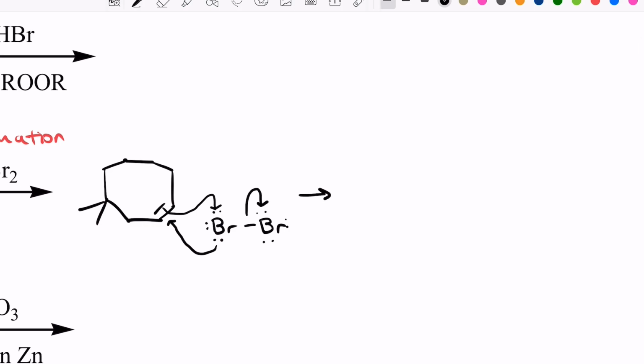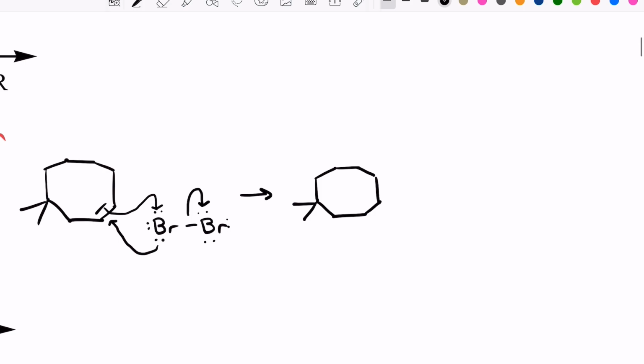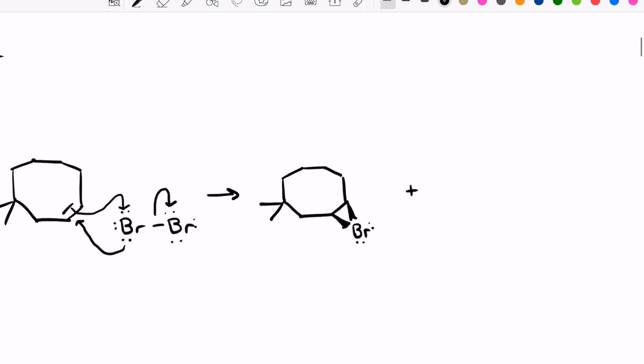I'm going to redraw. I'm going to have this Br on 2 wedges. Alright. Br minus.